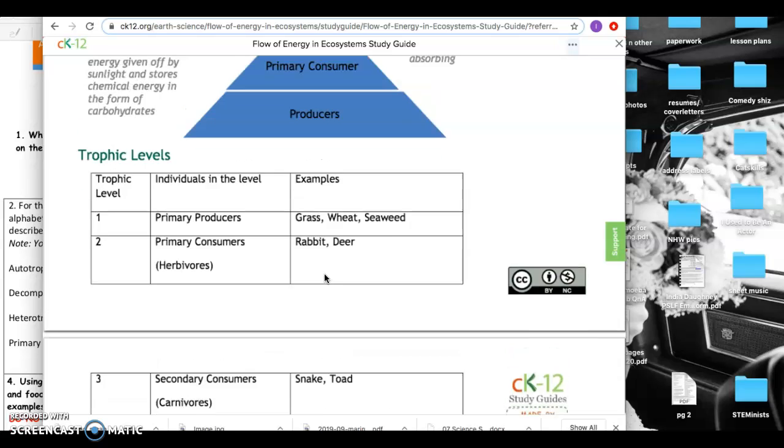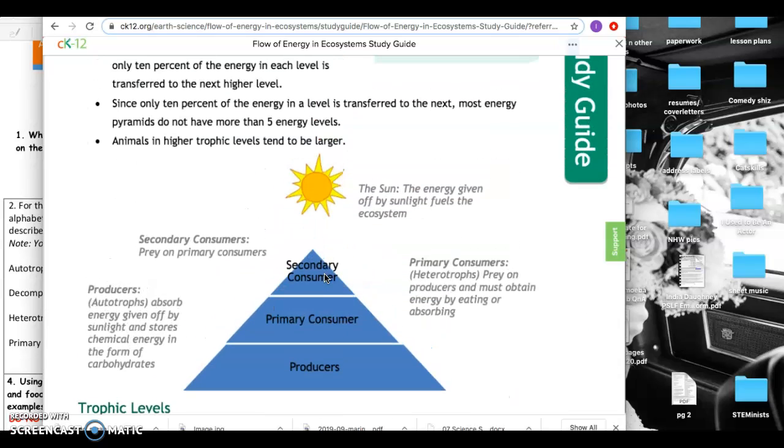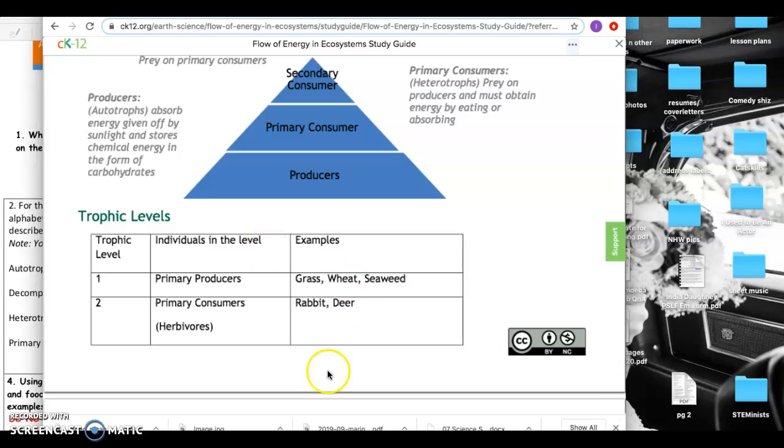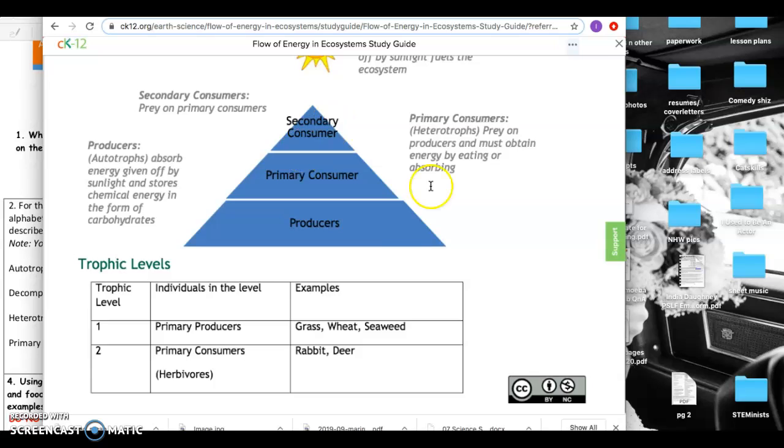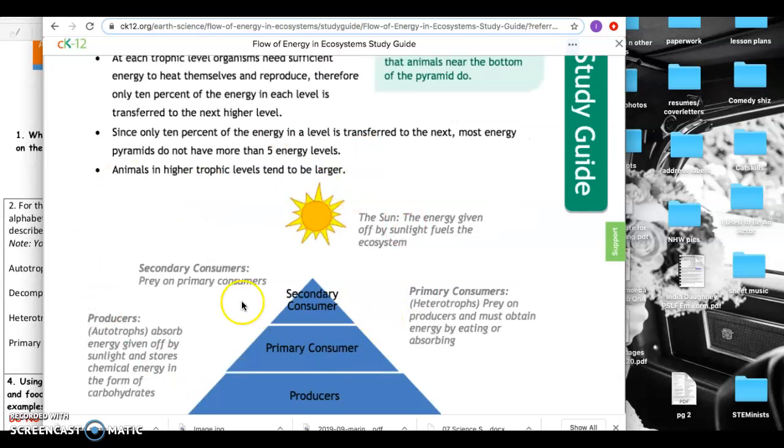Now, the first step is you're going to take notes on this page for your own benefit. Keep this page open while you're doing the actual assignment, because you're going to want to come back to it to clarify a few things.